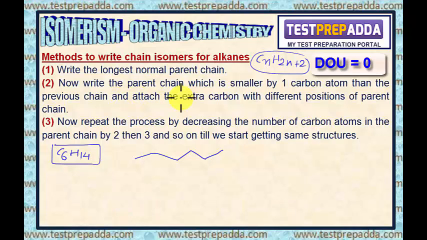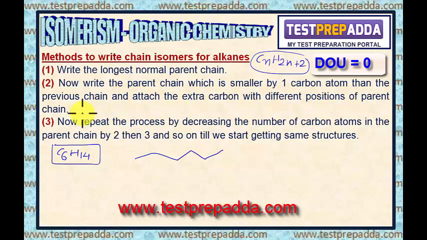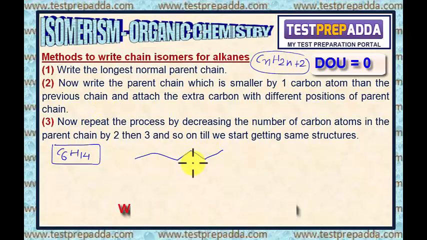Now write the parent chain which is smaller by 1 carbon atom than the previous chain. 6. Now I will write how many carbon atoms in the parent chain? 5. Then it says the extra carbon, that is extra 1 carbon, you have to write at different positions of parent chain.